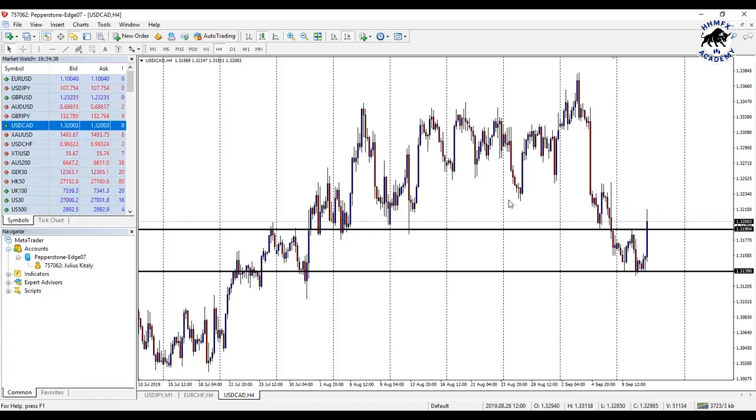So you need to know why it is happening. Remember, guys, when we draw support and resistance, we are just identifying the behavior of the market. And what is happening right here, right now, is not something new.